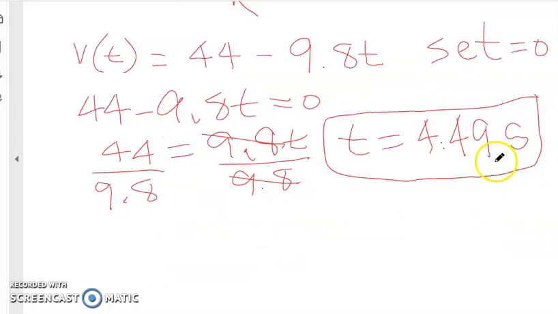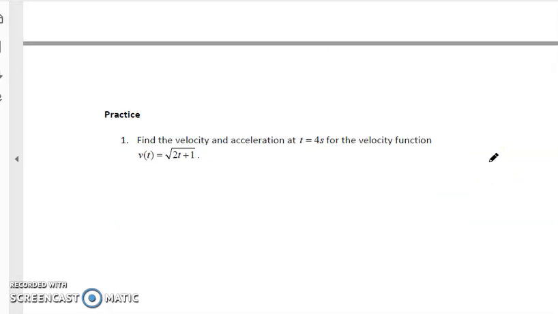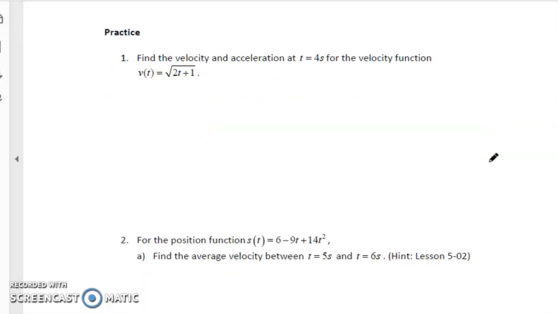Okay, now on the next page, that's the end of the examples, and there's the practice problems. I'll get you to try those for practice over the weekend. One question I want to point out for you, sometimes they are asking for the instantaneous velocity or the instantaneous acceleration, and that's where you would need your derivatives.